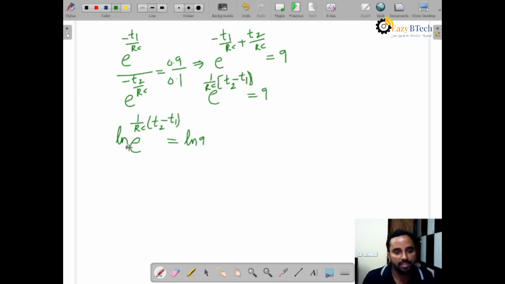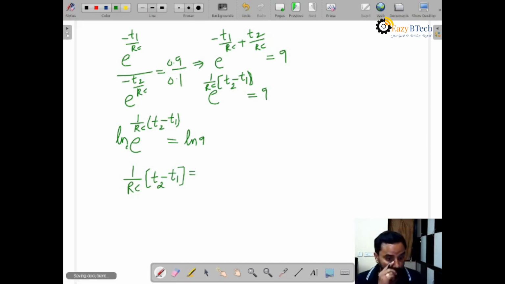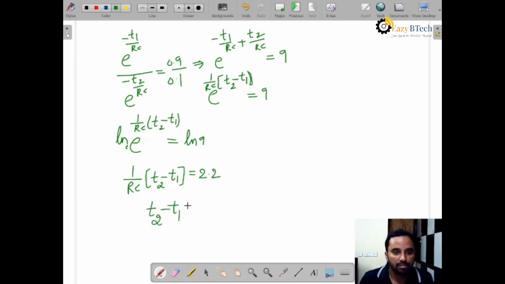Natural log means base is e, so 1 by RC (t2 minus t1) is equal to ln 9. The value of ln 9 is 2.2. From this, t2 minus t1 is equal to 2.2 RC.